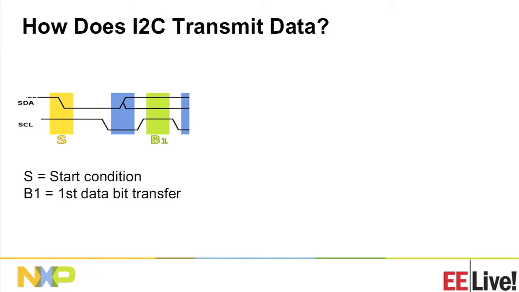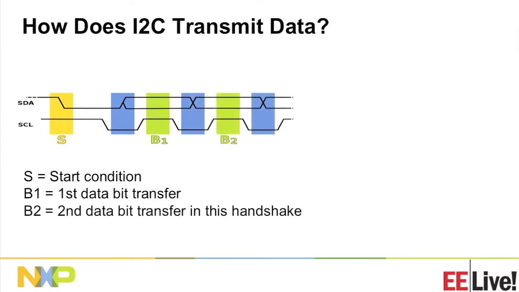At no time is the slave device allowed to generate the clock. So in the example given, when the clock went from low to high into the green section, whatever data was on the data line is taken as valid and is then read into the slave device if it's transmitting, or read into the master if it's pulling data from the slave back towards the master. So we do that for the next bit. We keep doing that until we run out of bits.